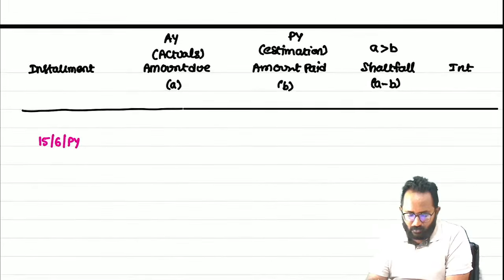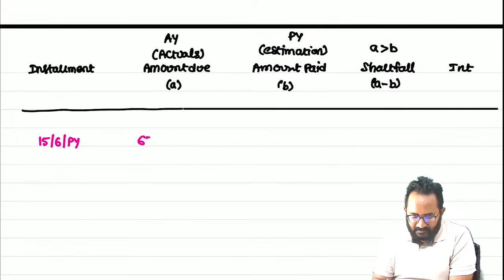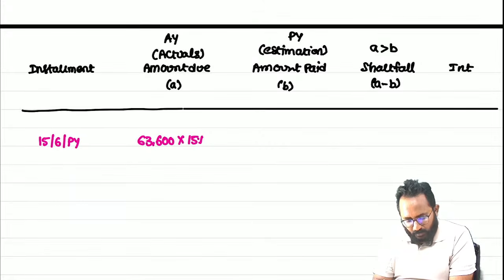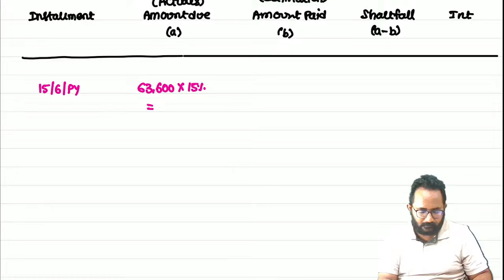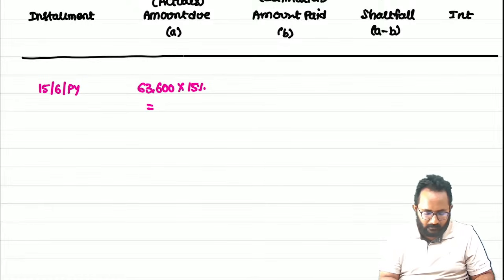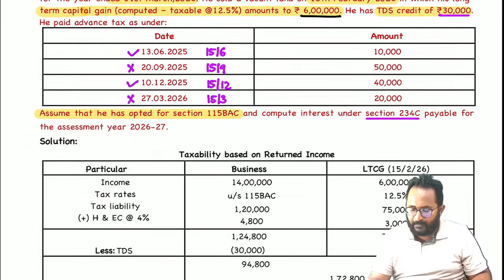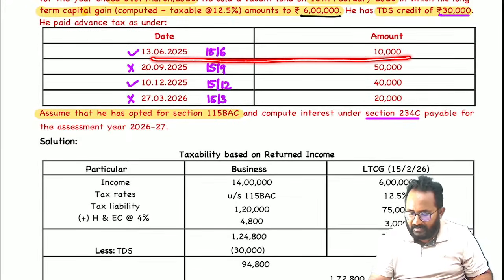That's why please take 63,600 into 15%. How much? 63,600 into 15% is 9,540.